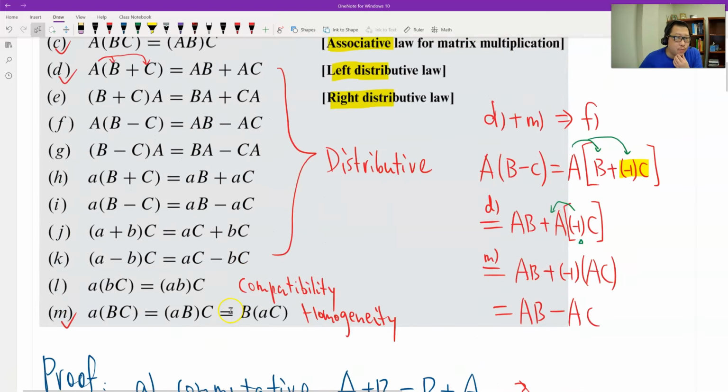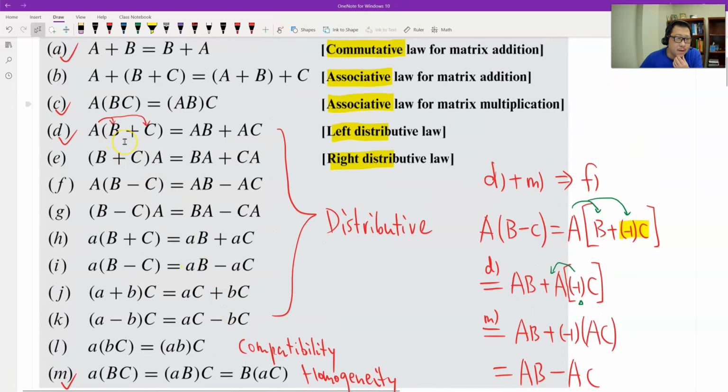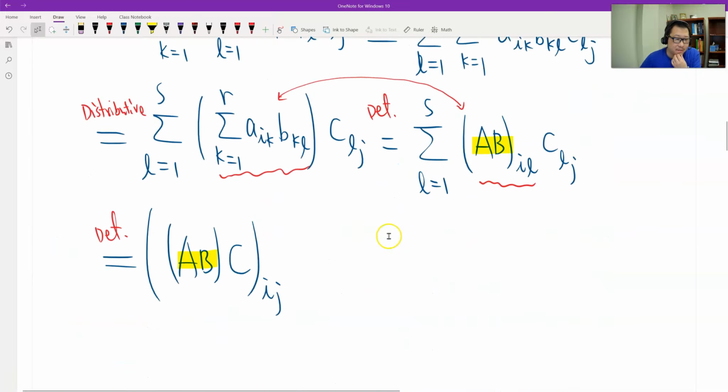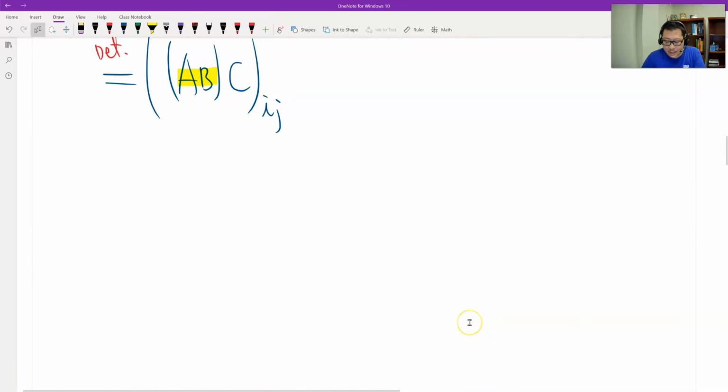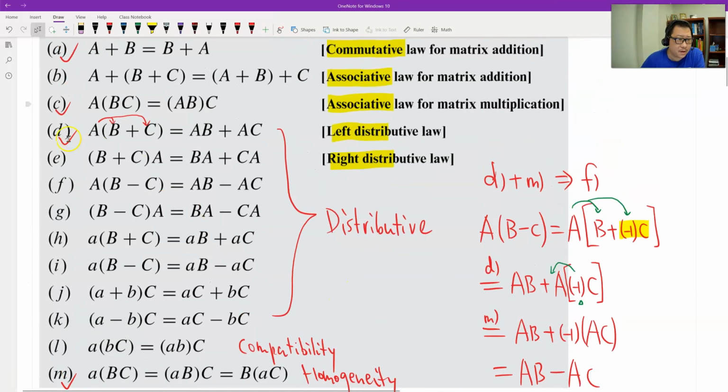And look at one more. How about the distributive property? It's almost the same, I think. Now, let's look at the left distributive law. What is the number?